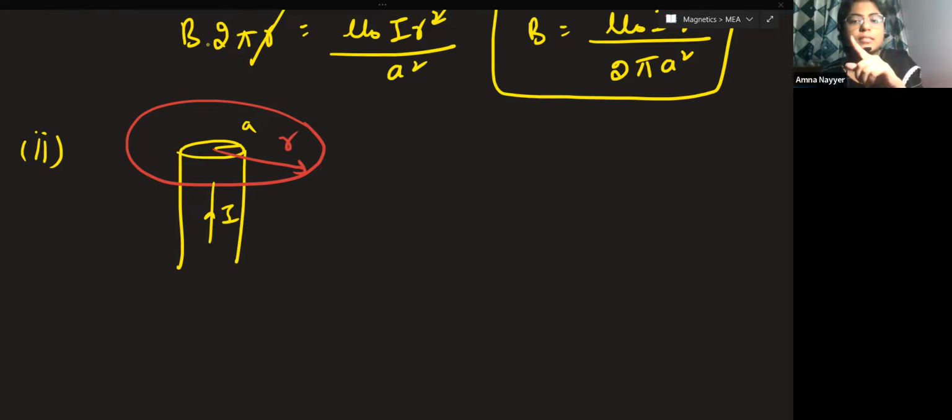I'm waiting for the answers in the chat box right now. Yes, what is current enclosed? Should I call names and ask, or you people are trying right now?